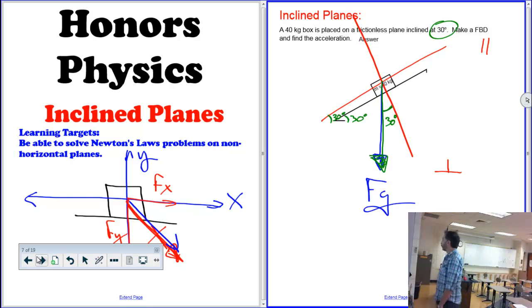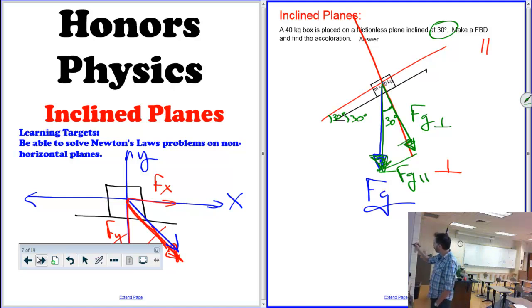When we draw our triangle, it's going to be a right triangle, where the hypotenuse is the force of gravity, and the two components point perpendicular and parallel. Let's draw on the rest of our triangle. One component points along the perpendicular axis, Fg perpendicular, and one component points along the parallel axis, Fg parallel. What I want you to notice is the right angle is here.